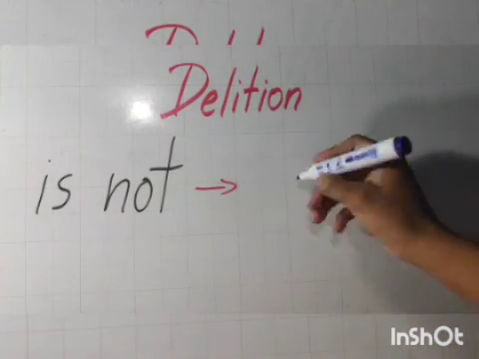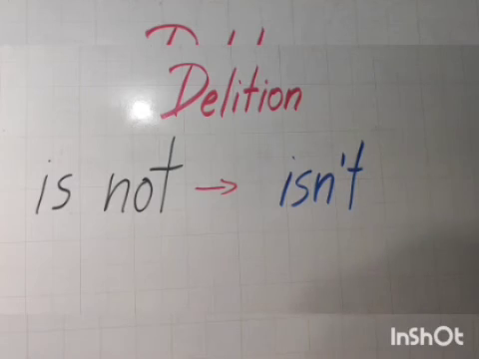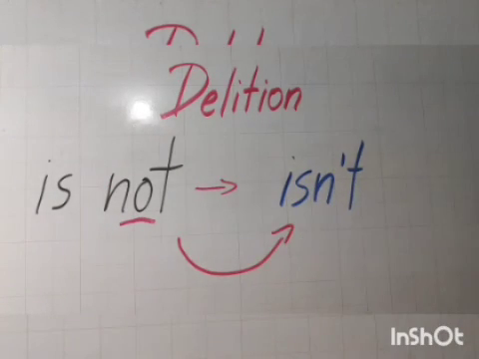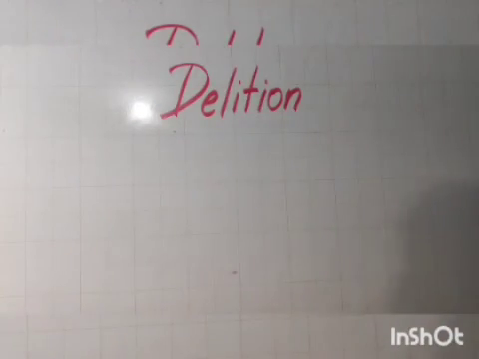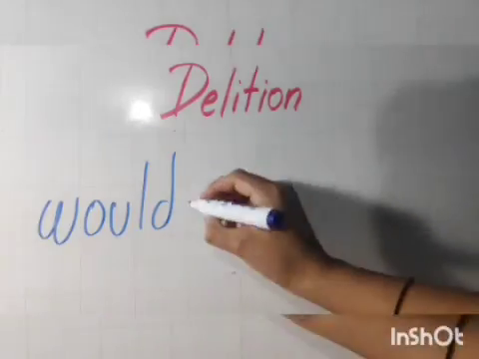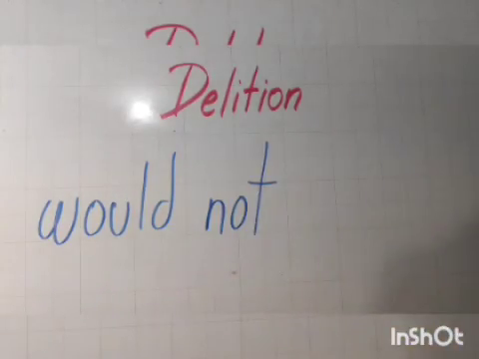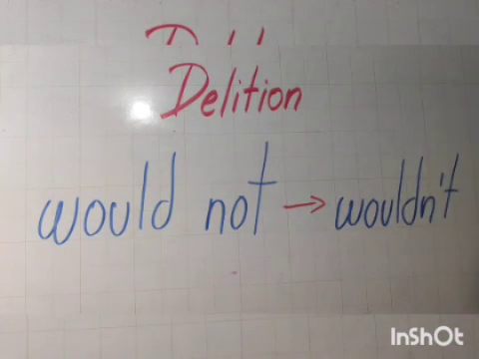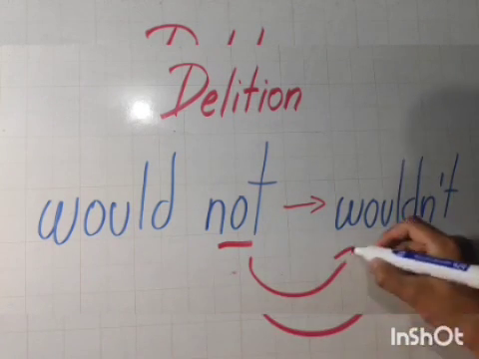We omit the sound O, and that results in a new kind of word. Another example is the words "would" plus "not," making a contraction that results in "wouldn't." We have to take into account the deletion. We omit the sound O.